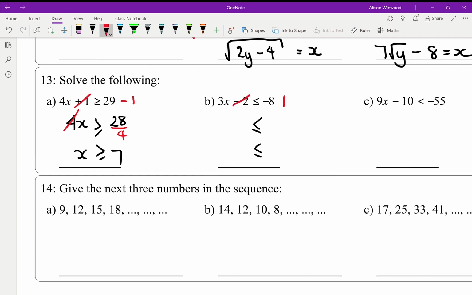Opposite of subtract is add. Opposite of multiply is divide. Sort out the inequality sign. Opposite of subtract is add. Opposite of multiply is divide.